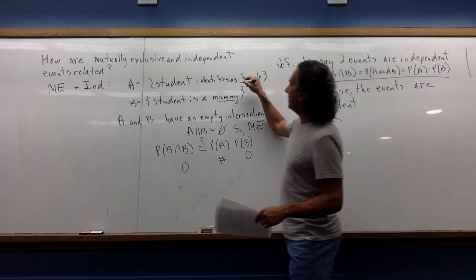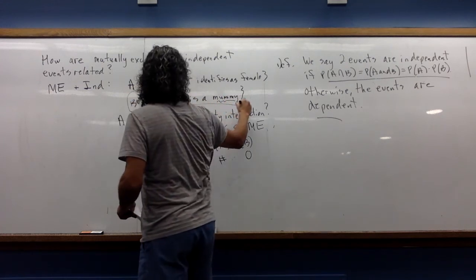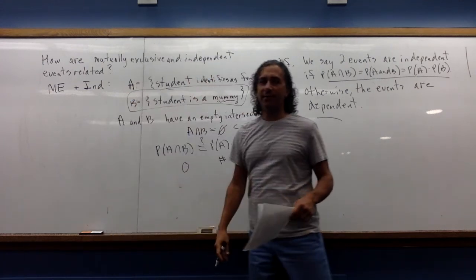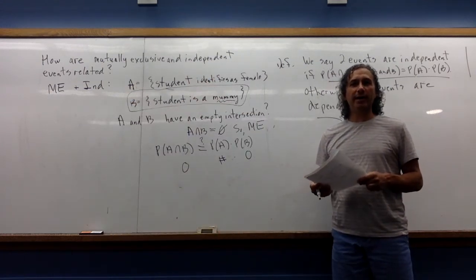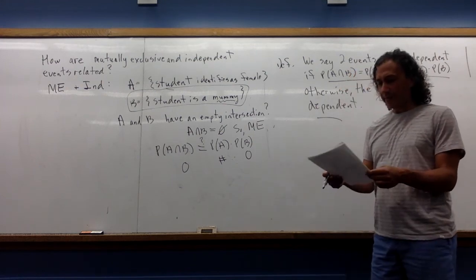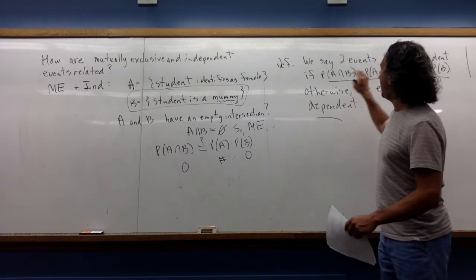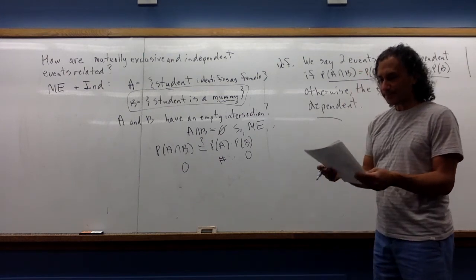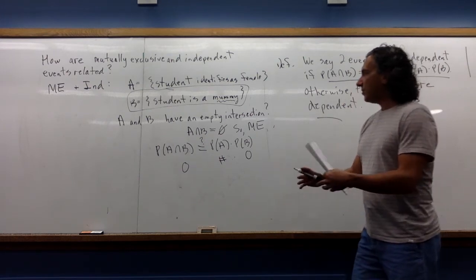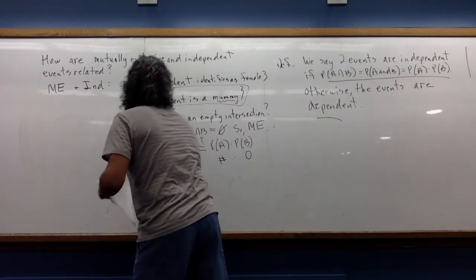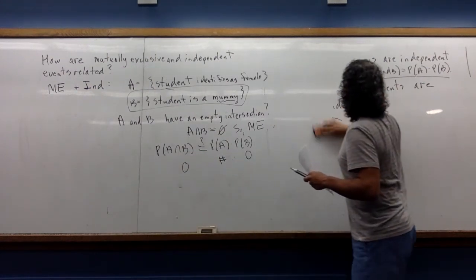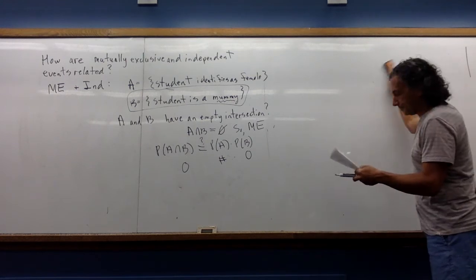Well, this is what happens when one of the events has a probability of 0. Things get a little bit weird and not completely intuitive. So once again, the thing you need to worry about is that this is the definition. Okay, so that's one example where they're both mutually exclusive and independent.